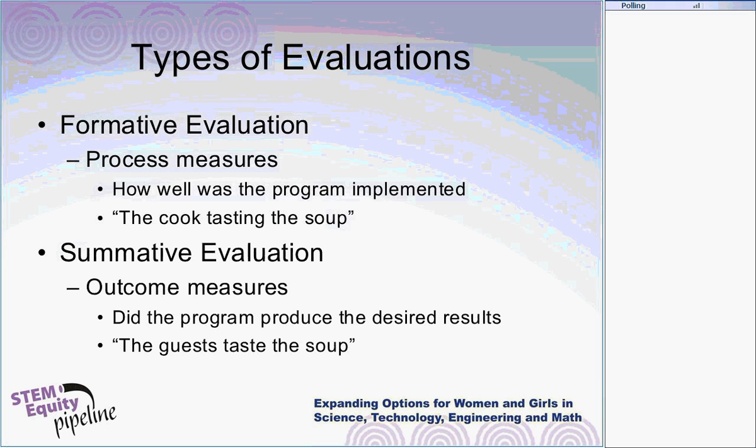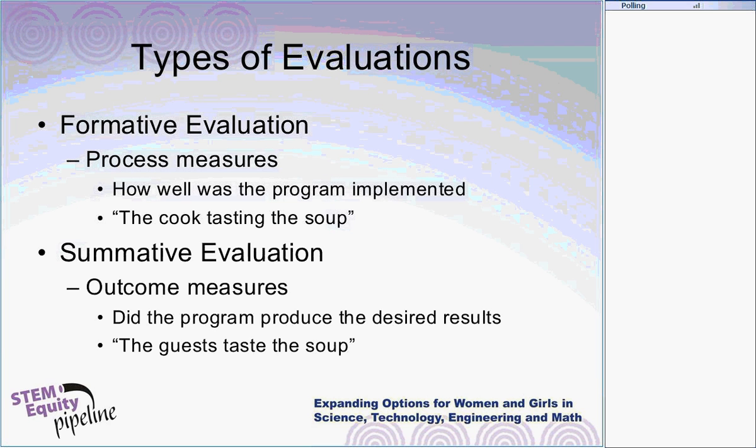Included in that are things like how many people showed up for an event, how you stayed on your timeline, and whether your planning group was happy with what happened. Outcome measures are more about what happens as an effect of the activity or program that you implemented.